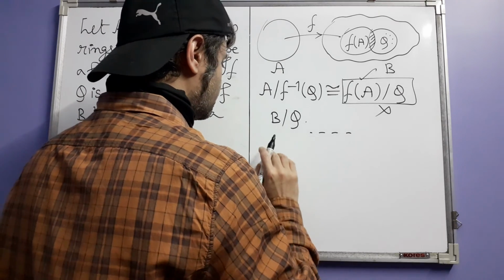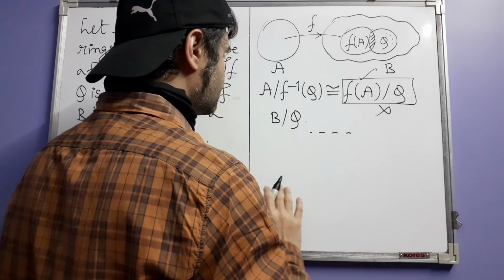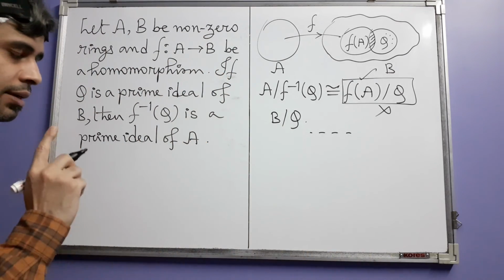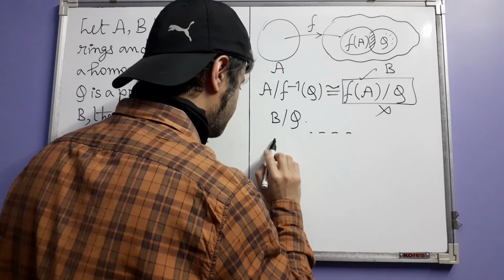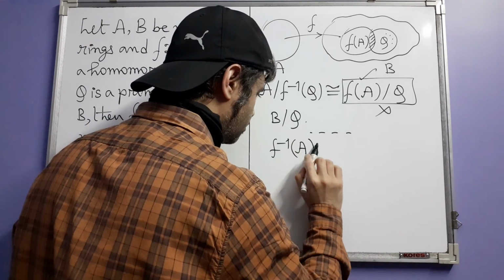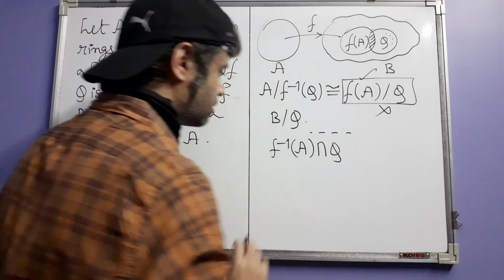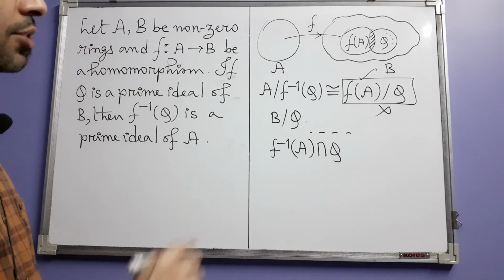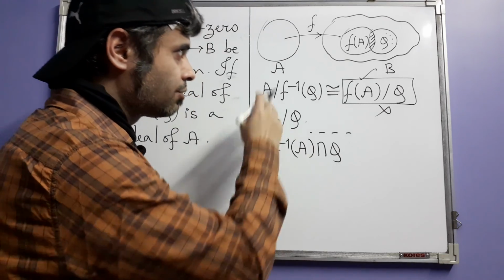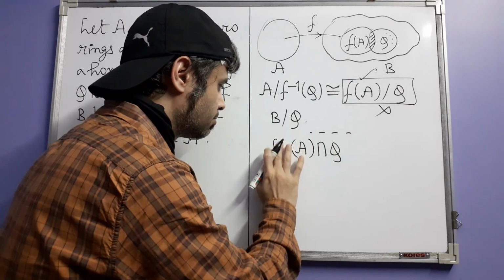So let me write without writing sentences, let me just write the mathematical details. What I now claim is that this intersection, which is a subset of F of A, is actually an ideal of F of A. Oh, sorry.